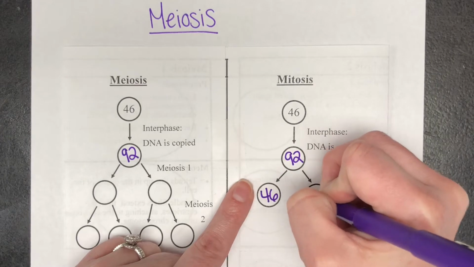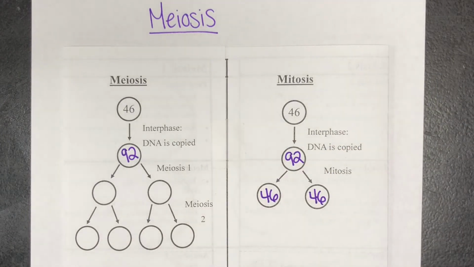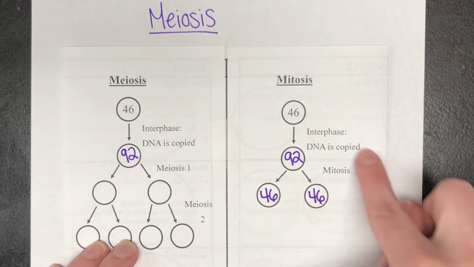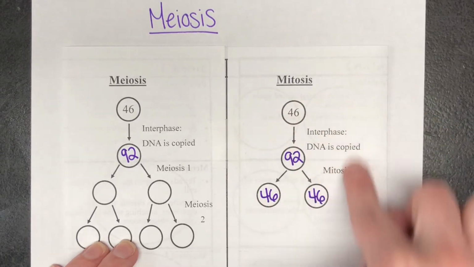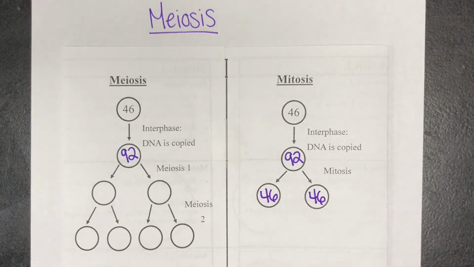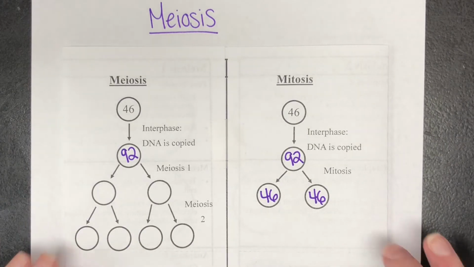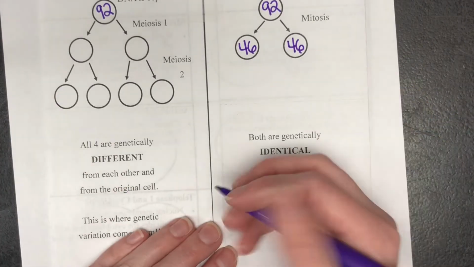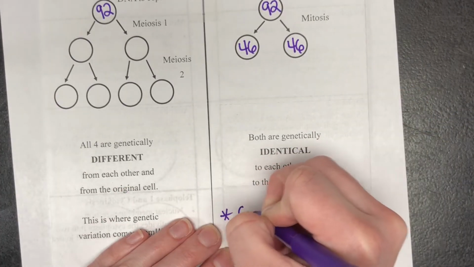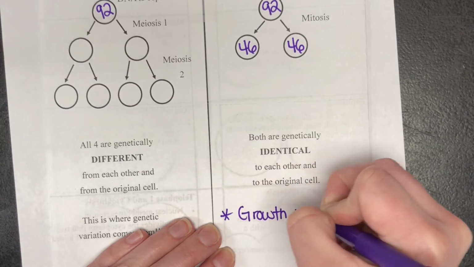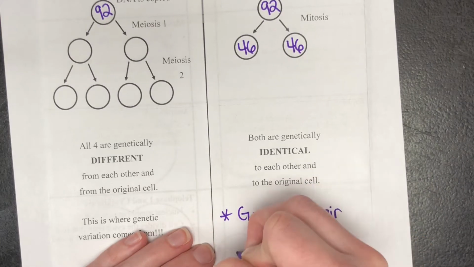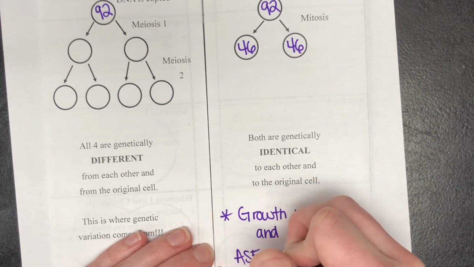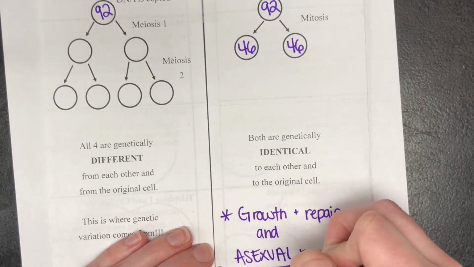up with two genetically identical cells. Now, these are both genetically identical to each other and to that original cell. So these two are identical and these are identical. So remember, mitosis, its purpose is growth and repair and asexual reproduction.